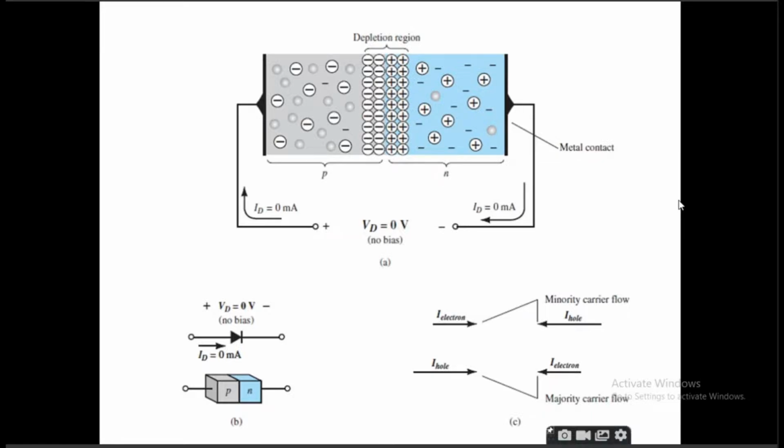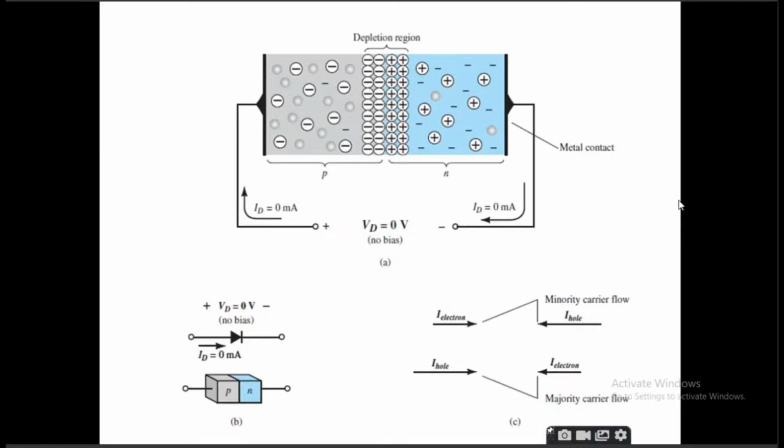They cannot move. Due to the presence of these ions, a potential barrier is created, and due to this barrier, you don't find any movement of the majority holes from the P side into the N side, or of electrons from the N side into the P side.